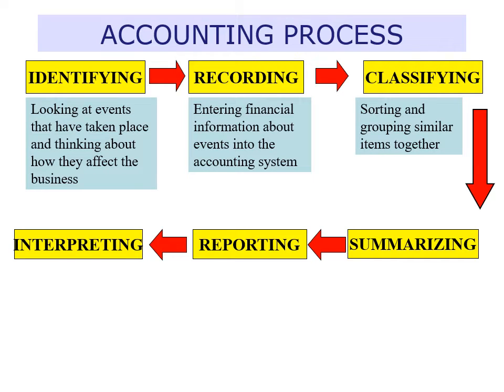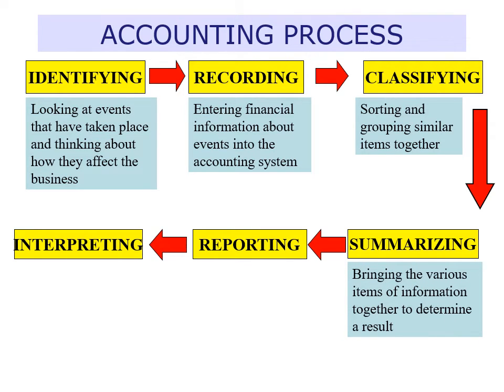In the classifying stage, we sort and group similar items, for example, grouping items as expenses or revenues. Summarizing is where we bring the various information together to determine the result, for example, the expenses that affect the core business, or the expenses that we call other expenses.